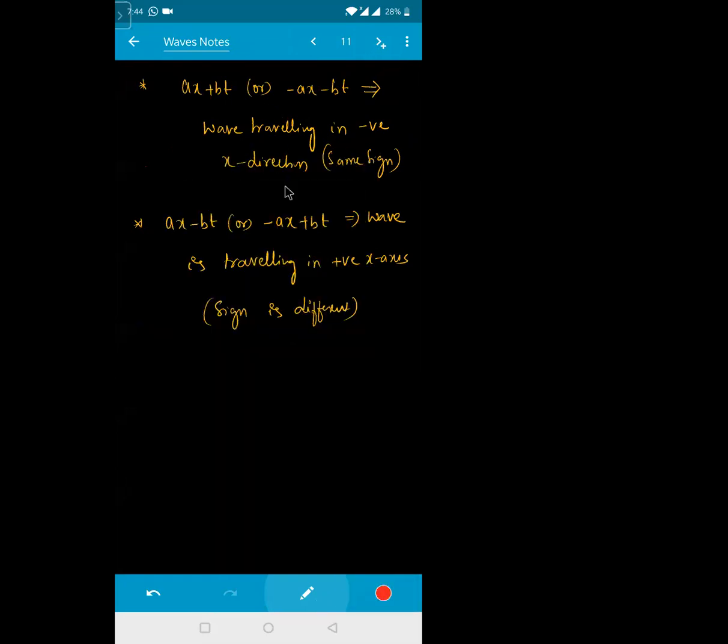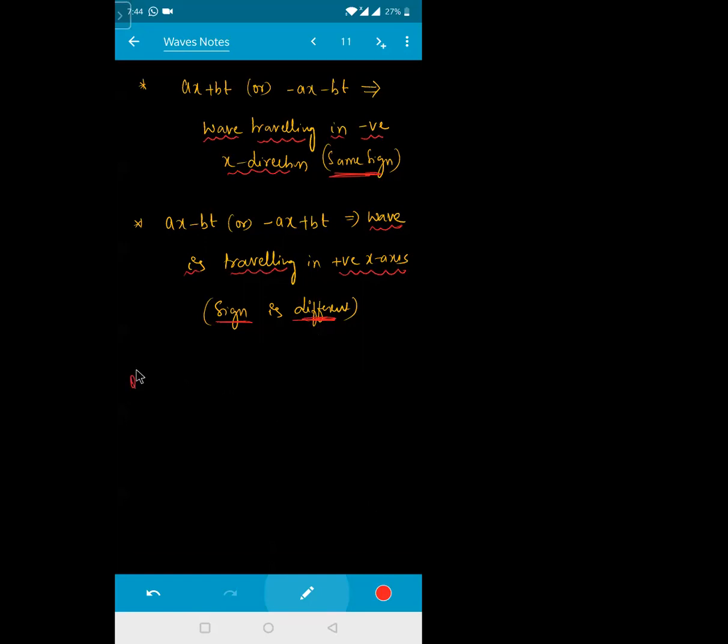Negative x direction. So whenever they come in the same sign, it is traveling in the negative direction. Now see, ax minus bt means positive x-axis, or minus ax plus bt. Signs are opposite. That means the wave is traveling in which direction, beta? The wave is traveling in the positive x-axis. So what is the condition right now? Sign is different. Is it clear for everyone? Yes, sir.